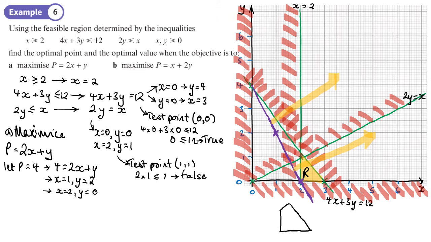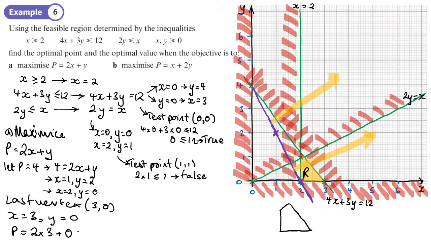So we'll just put down last vertex is (3, 0). So this means that x is 3, y is 0, and if we want to find that maximum profit, it will be 2 times 3 plus 0. So it's going to be 6. That gives us P equals 6.